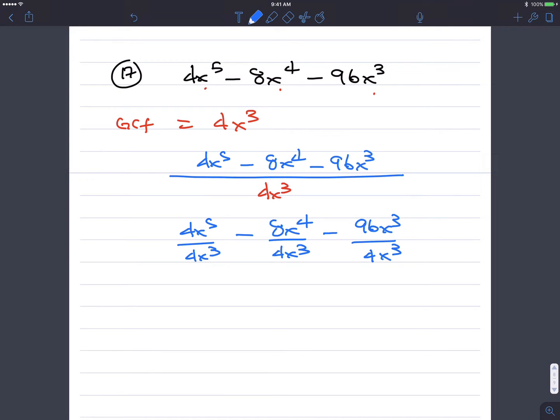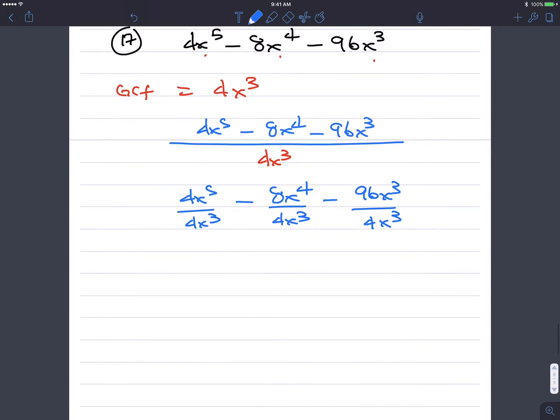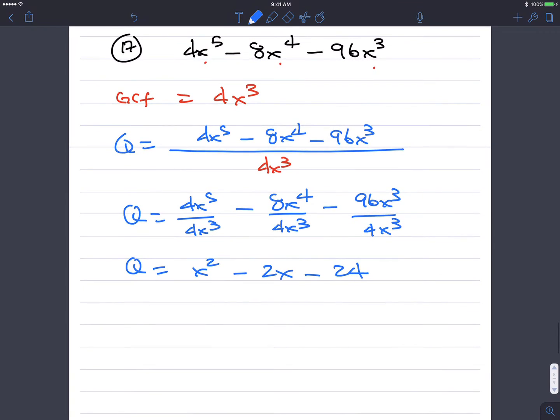Now let's find what these quotients are. What do you guys get? X squared minus 2x minus 96 divided by 4. Is that 24? I think so. Here's my quotient. You guys okay with that?